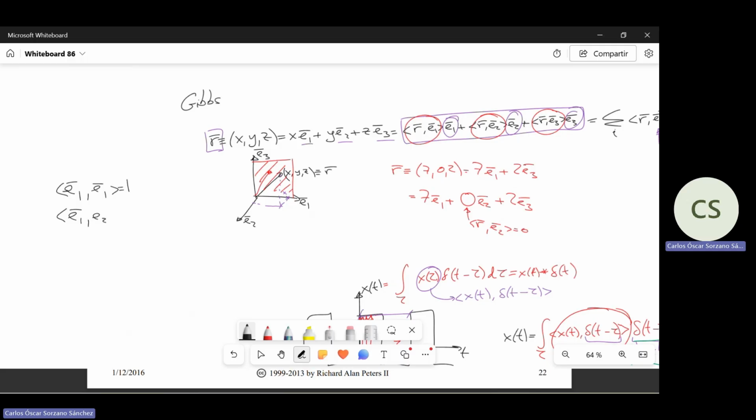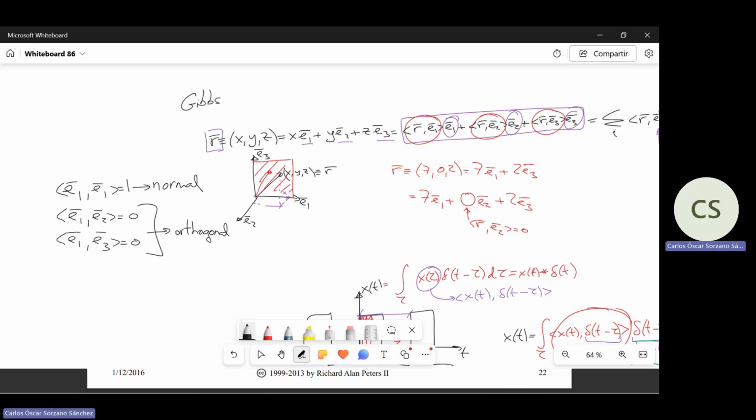E1 times E2 is 0. E1 times E3 is 0. So this means it is an orthogonal basis. And this one says it is a normal basis, so normal basis means that the norm is 1. So if I multiply a basis by itself, I get 1, or I get a number. If I multiply a basis by any other basis, I get 0.